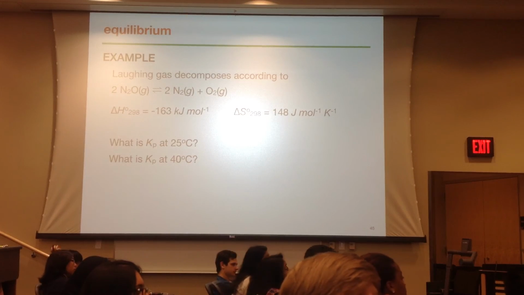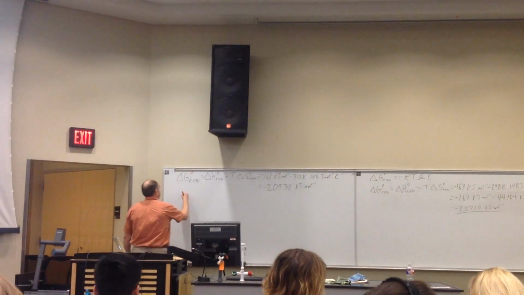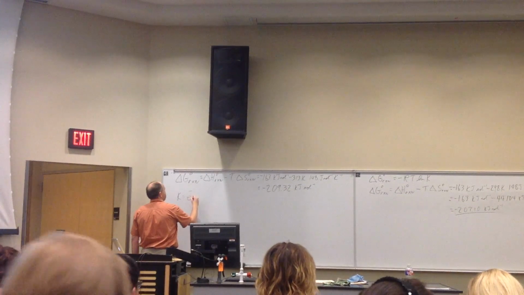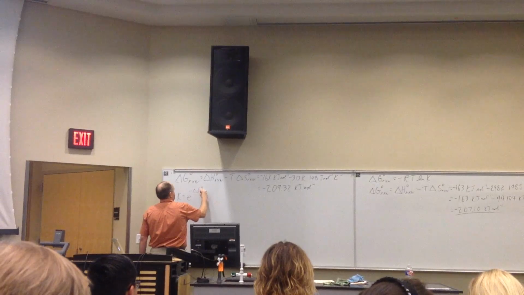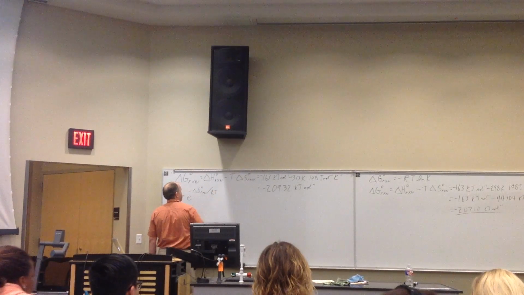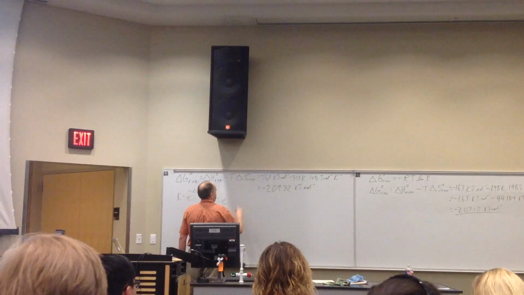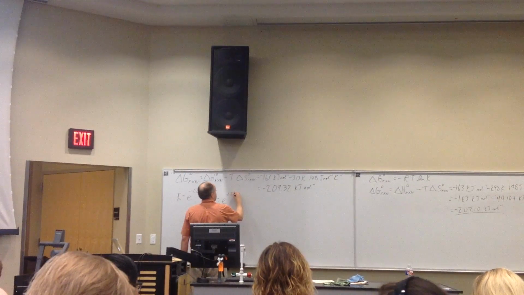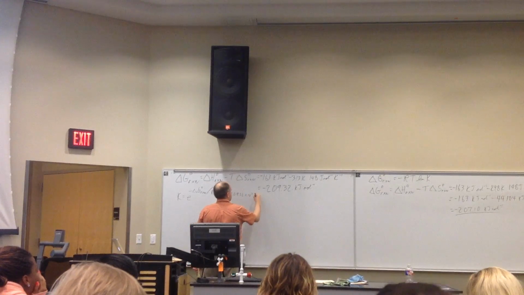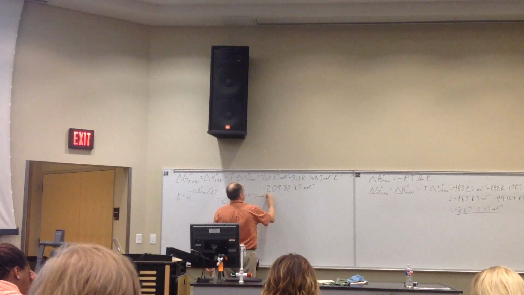Let's go ahead and calculate big K. I'm going to plug into the exact same expression over there. I'm going to have K is equal to e to the minus delta G0 of the reaction divided by R times T. So we're going to have e to the positive 209.32 times 10 to the third joules per mole.